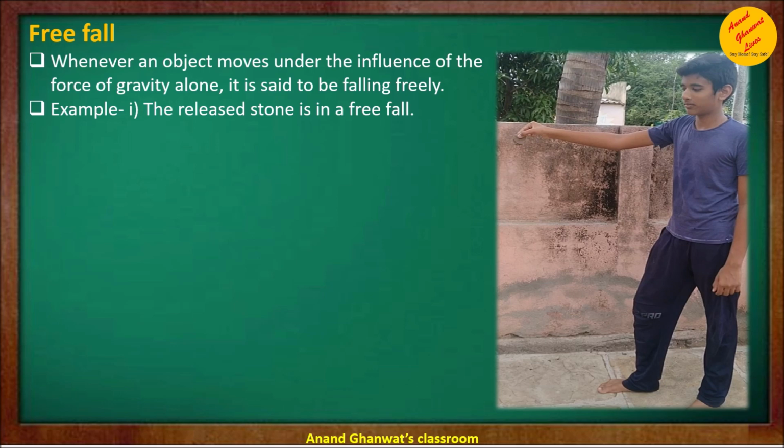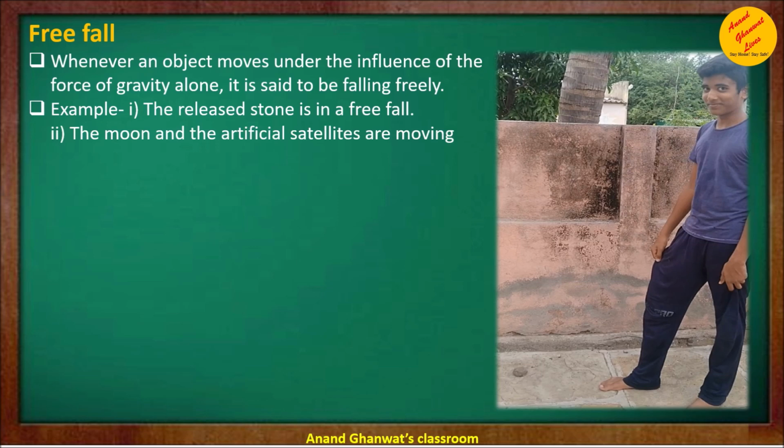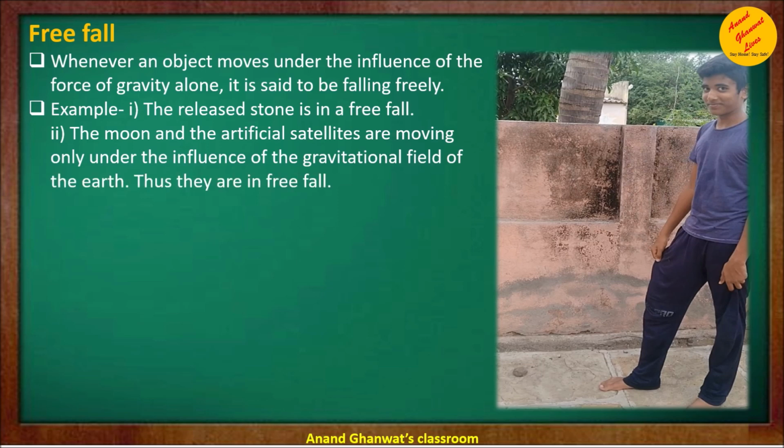For example, when we release a stone, it is in free fall. Next example, the moon and the artificial satellites are revolving, moving only under the influence of the gravitational field of the earth. Thus they are in free fall.